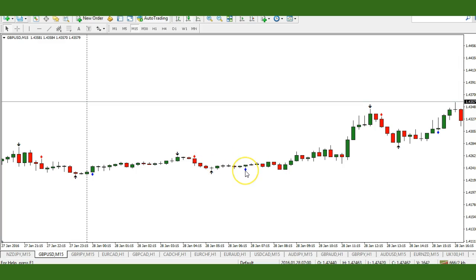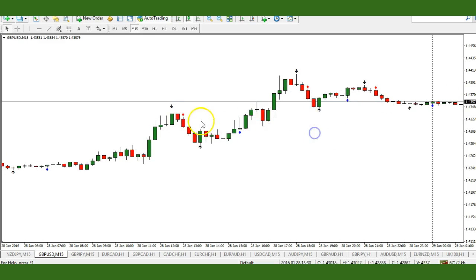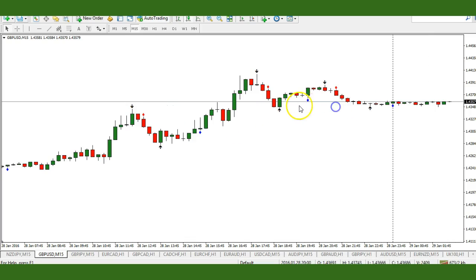And this is another thing you should be aware of: when there is no activity during the prior session, which is the Asian session before the London open, normally you get a huge move at the London open like you did here, in the direction of the trend. The market just rallied, retraced, and there's another buy signal.